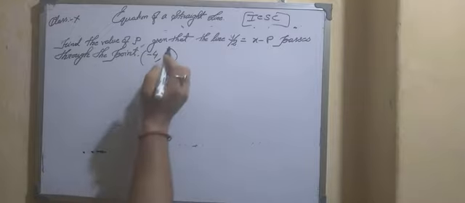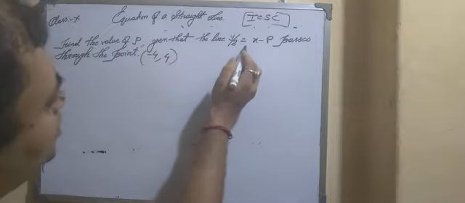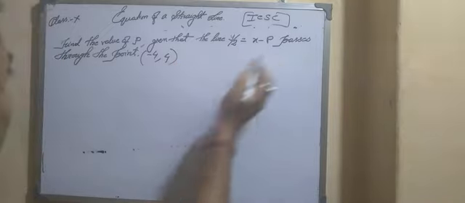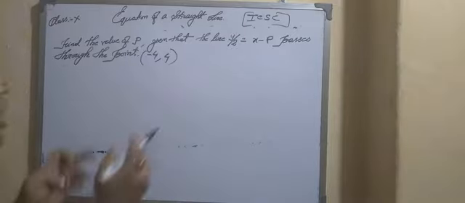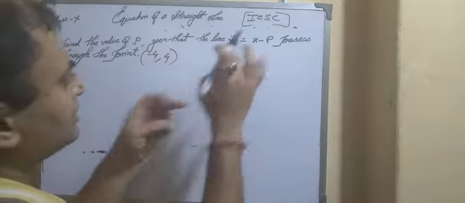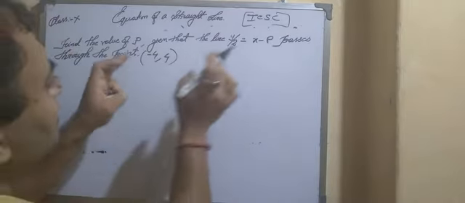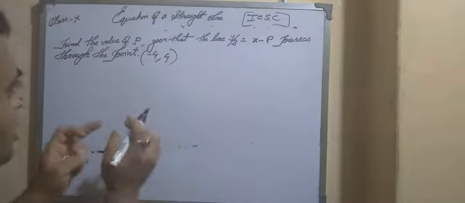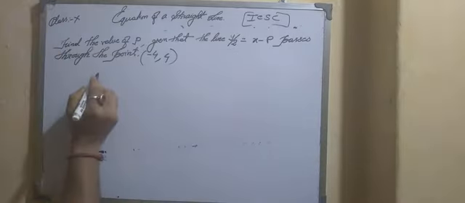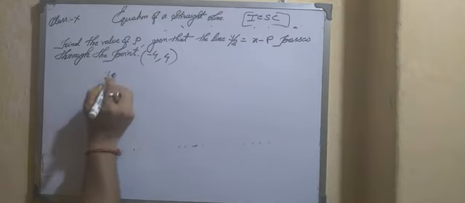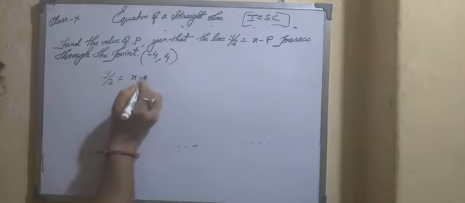Now find the value of p given that the line y by 2 equal to x minus p passes through the point minus 4 and 4. That means this point is on this line, so this point satisfies this equation. Here we put this value of x and y in this equation. Y by 2 equal to x minus p.